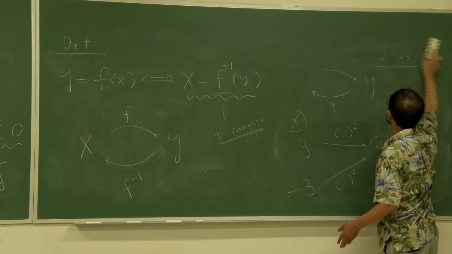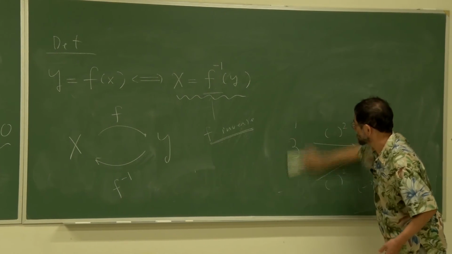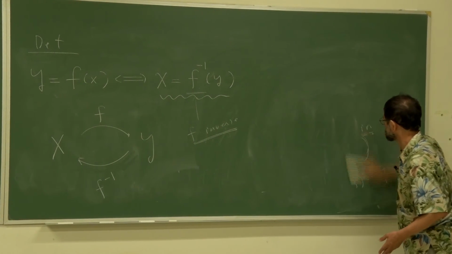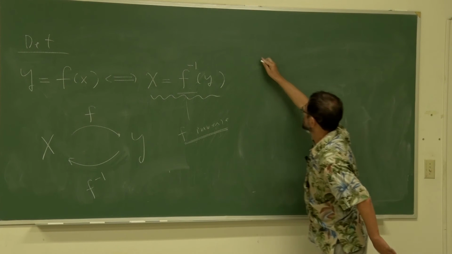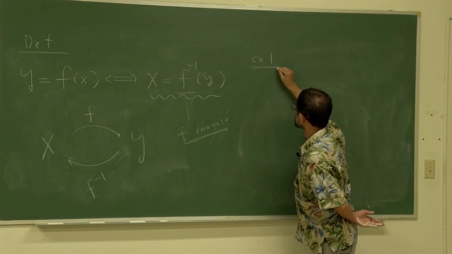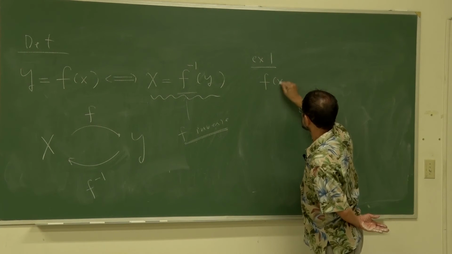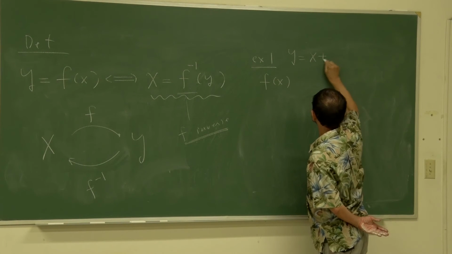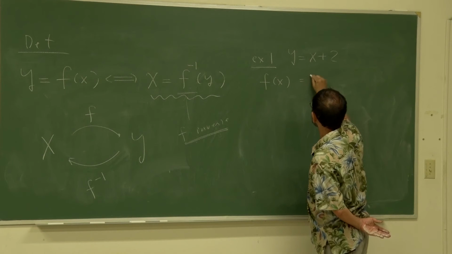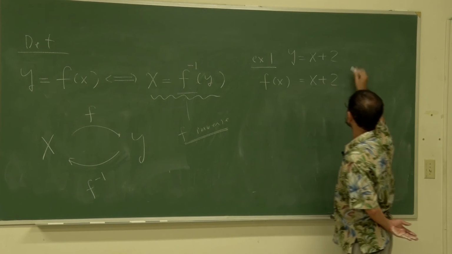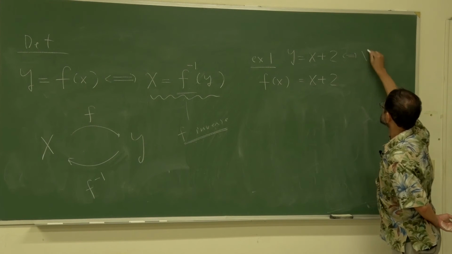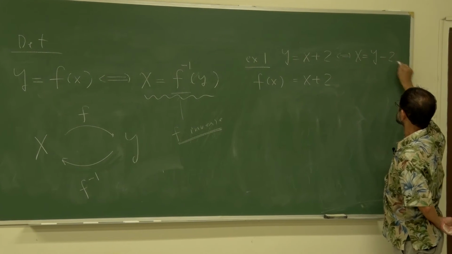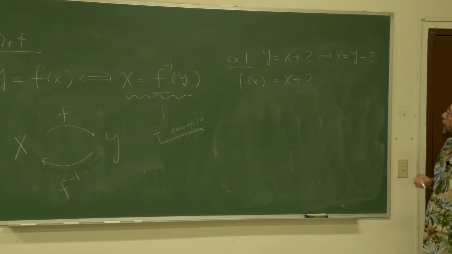So going back to these three examples. For example 1, you have y is equal to x plus 2. Let's call this f of x. Then remember, x is equal to y minus 2.